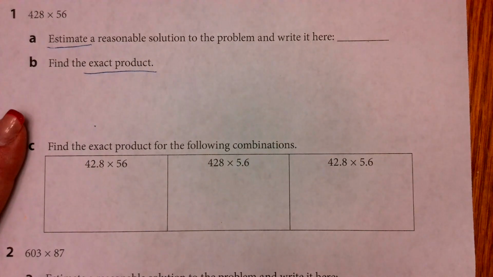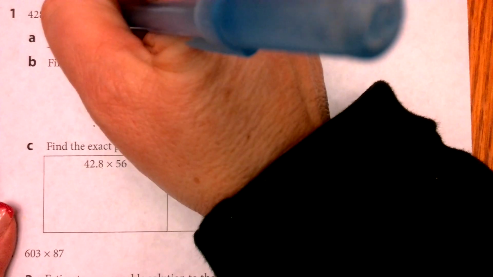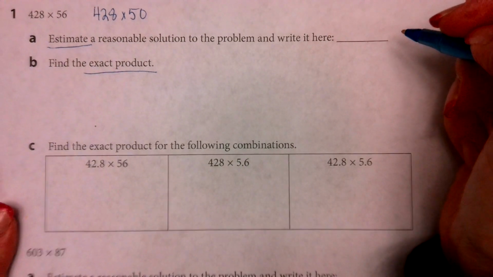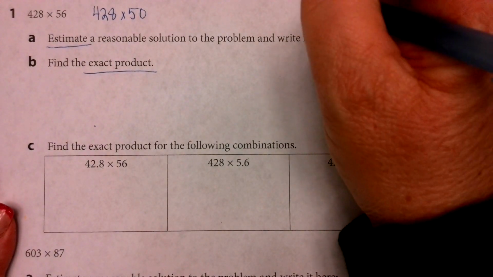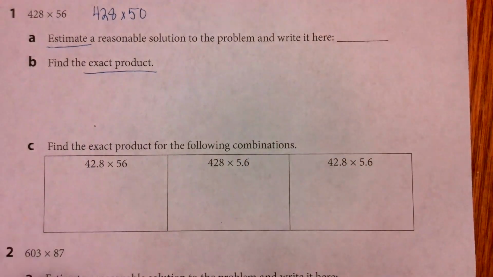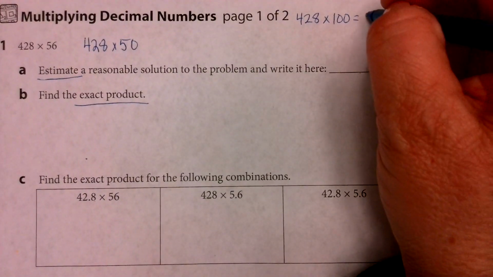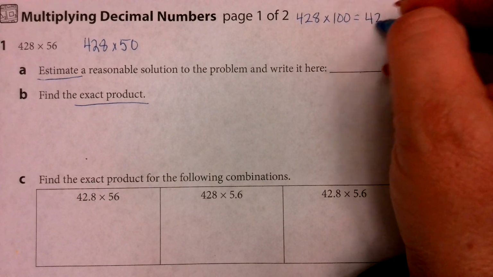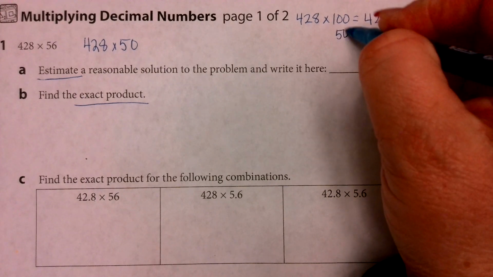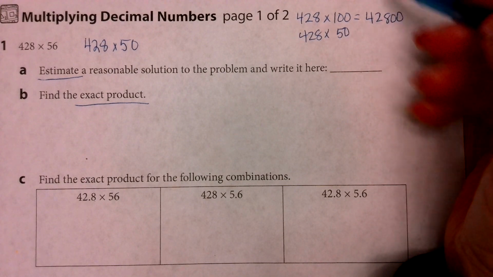So if you think about it like 428 times 50, then you can go to 428 times 100, and you know that that is 42,800.